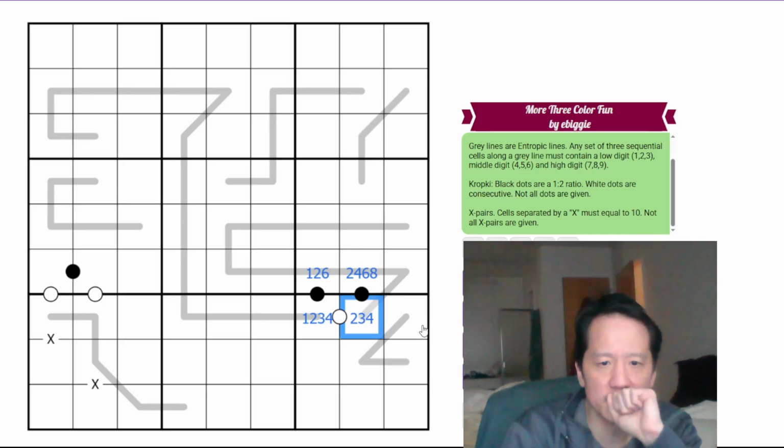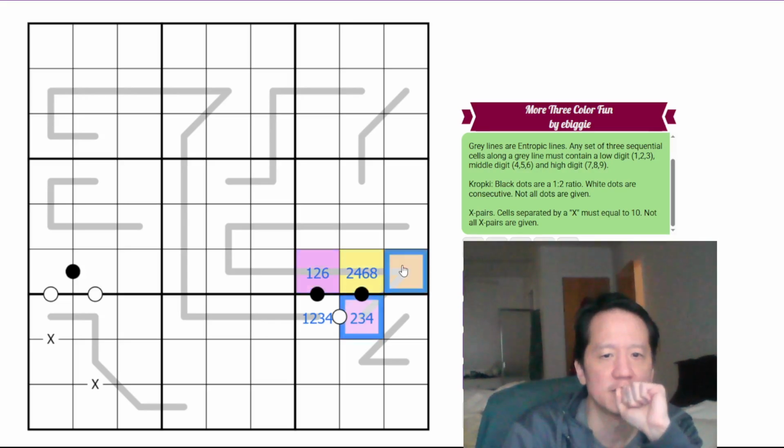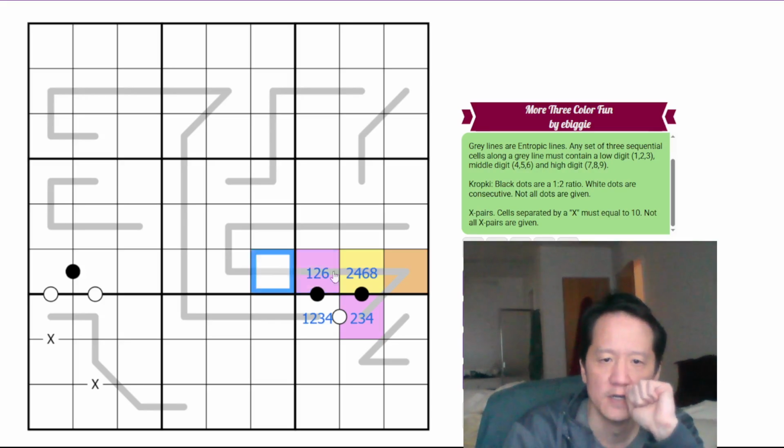Anyways, let's mark this randomly. So we're going to make this yellow. Actually, let's make this pink. This is pink, this is orange, this is yellow. Therefore, this must be part of pink, because whichever set you're losing, you must gain in the next consecutive set. This has to be orange then. This is yellow.